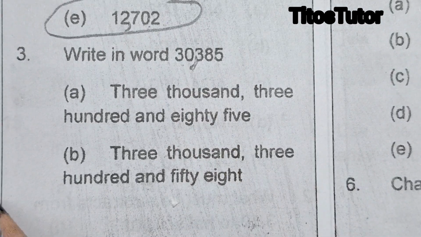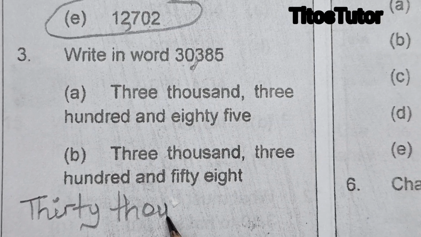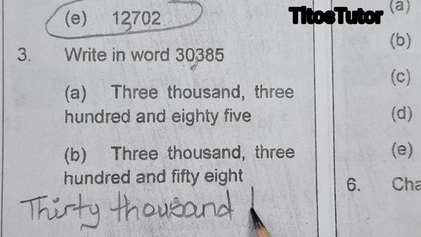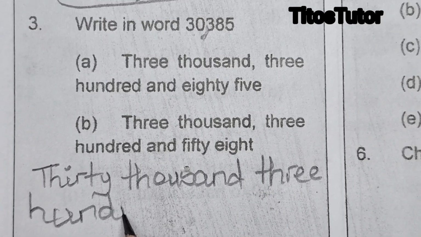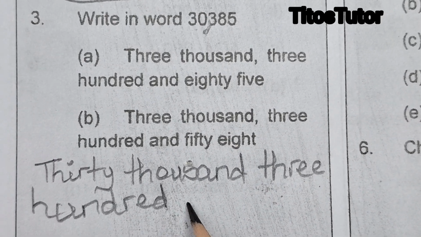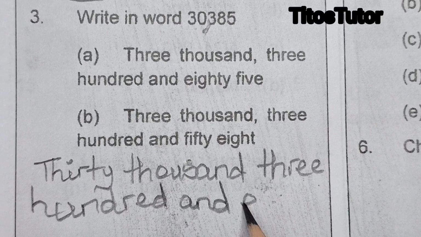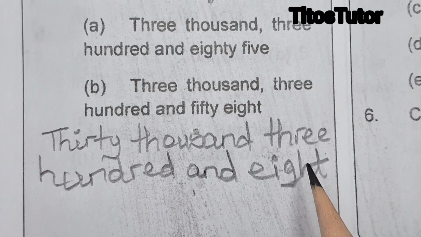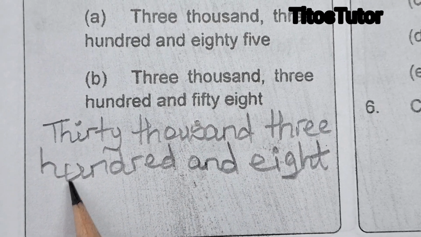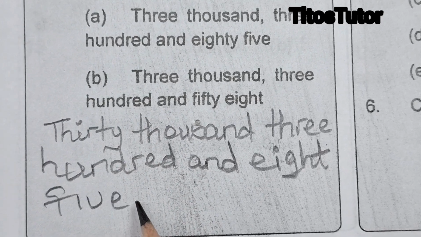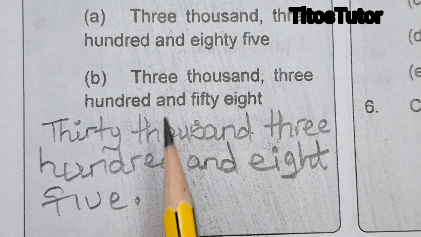So it's 30,000, 300, and 85. So this is 30,385. 3,000 no, 3,000 no.